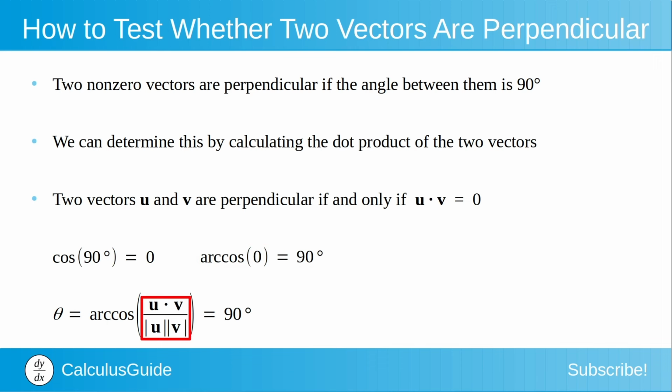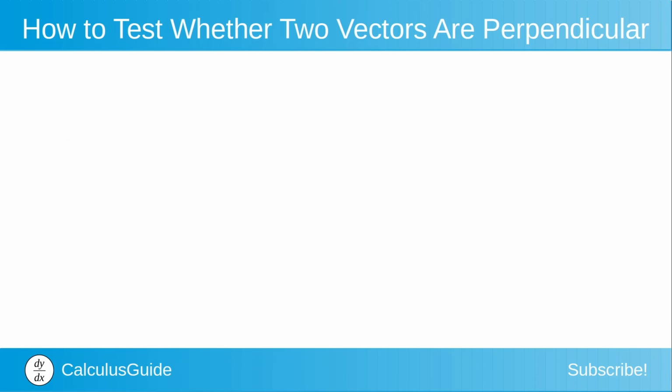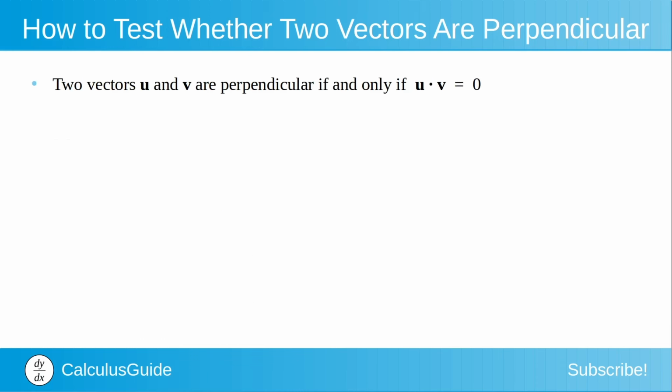This value will be equal to 0 when the dot product u dot v is equal to 0. So we have the two vectors u and v are perpendicular if and only if u dot v is equal to 0. I'll now demonstrate this test with an example.